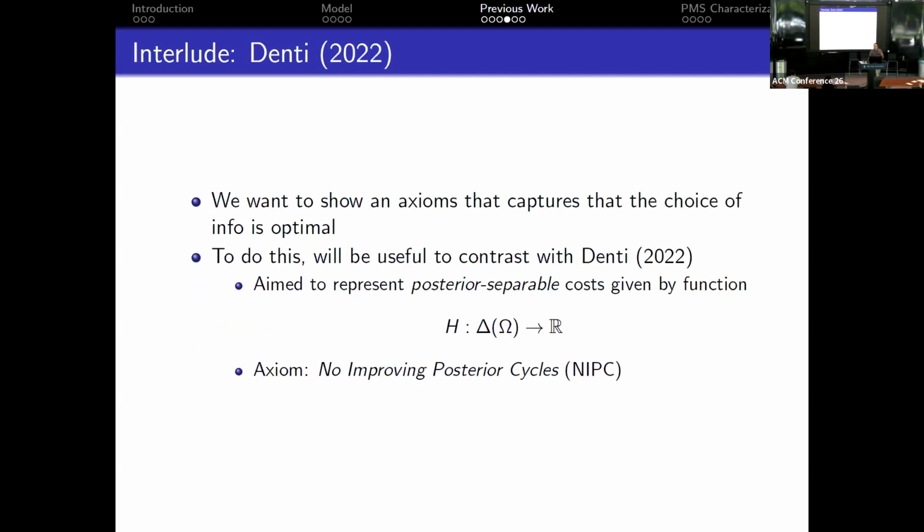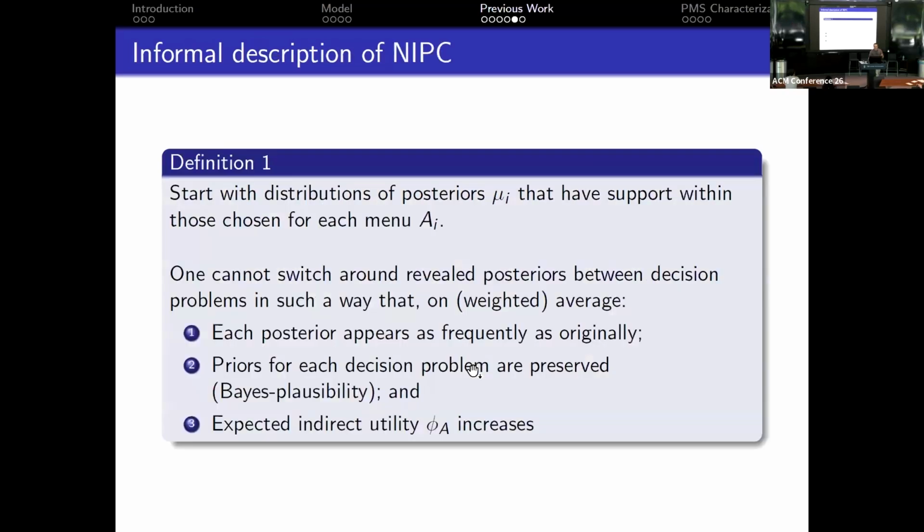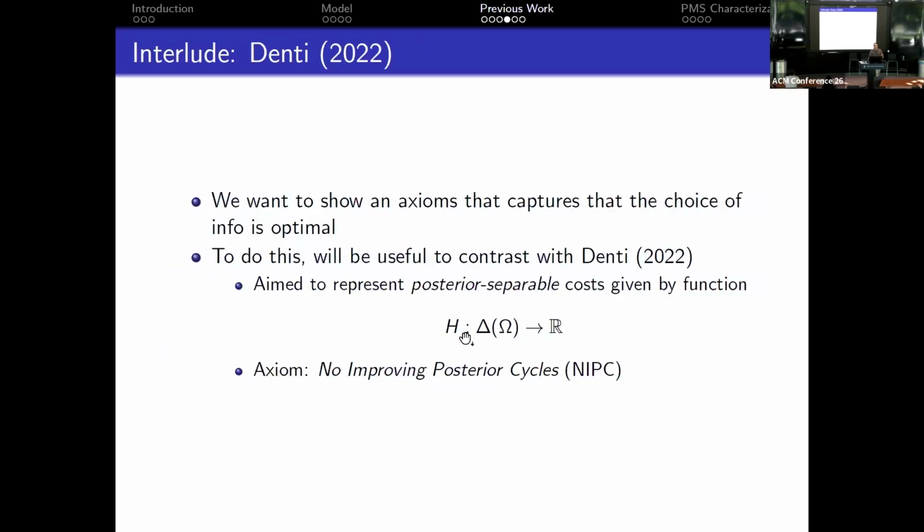This is best described by contrasting it with an axiom by Tomas and Fenty, who described posterior separable costs. So not posterior mean separable, but posterior separable. You have a cost of information acquisition, which is based on a measurable function of posteriors, and the cost is the expected difference from the prior to the posterior of the function h.